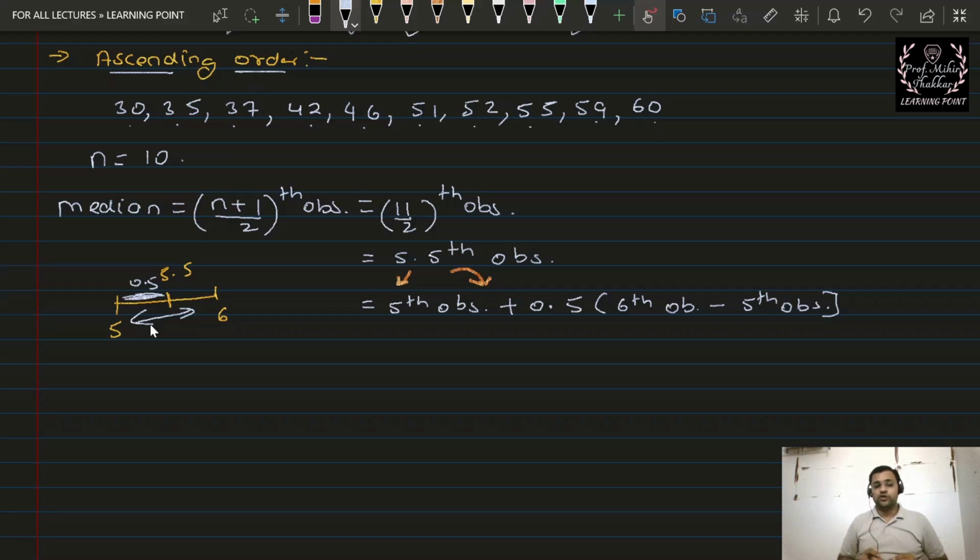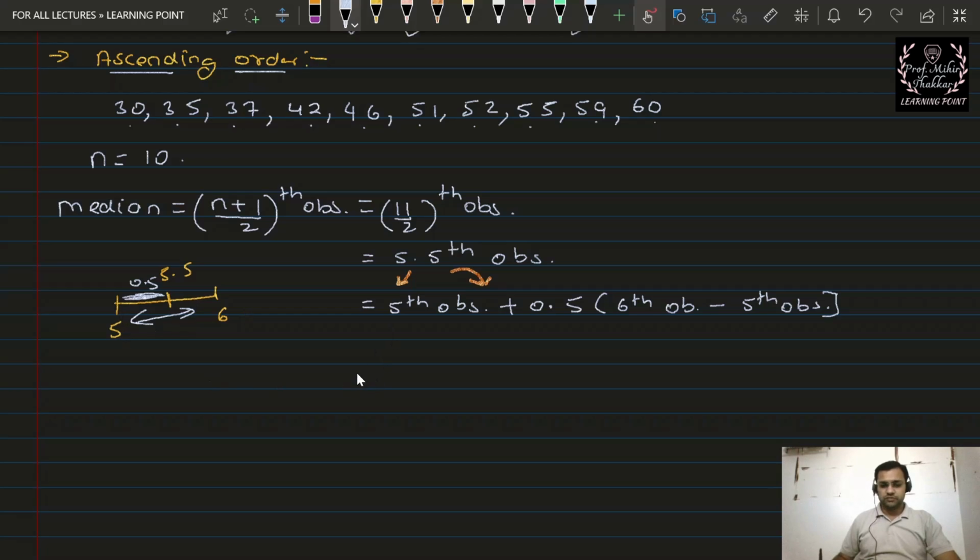One thing you have to remember very carefully is never take it as fifth observation minus the sixth observation, because the values are in ascending order. If you take fifth minus sixth, it will become a negative number. If you take sixth minus fifth, you will get a proper positive number with which you will get an accurate answer.